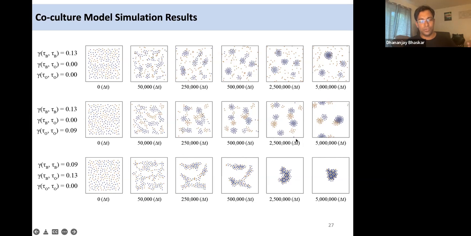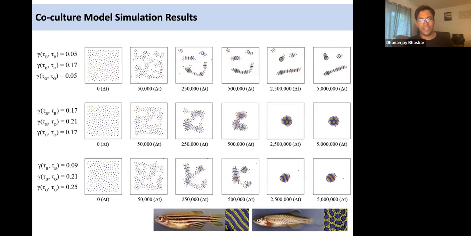And if you go through the full gamut of parameter values, you will see beautiful pattern formation, including the formation of stripes and spots. These might remind you of some of the patterns you might see, for example, on the skin of a fish. And one can show theoretically that this whole mechanism goes through a Turing bifurcation, which allows for this kind of pattern formation to take place.